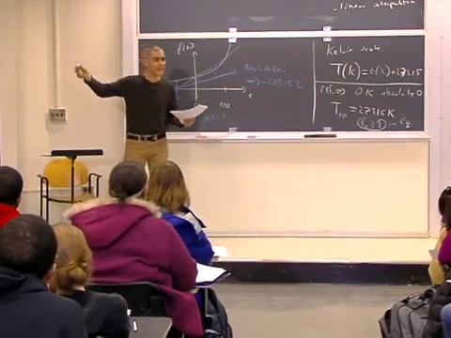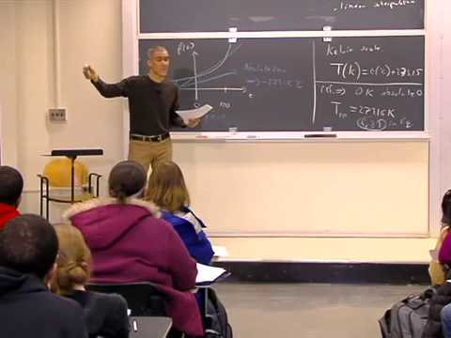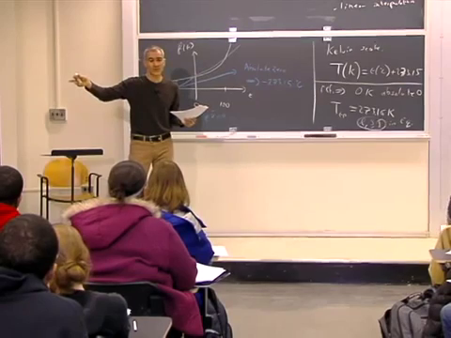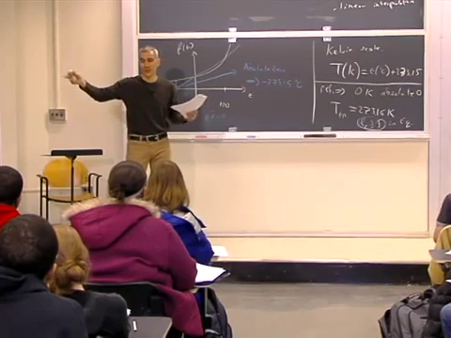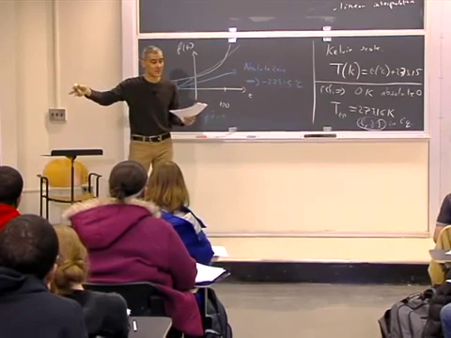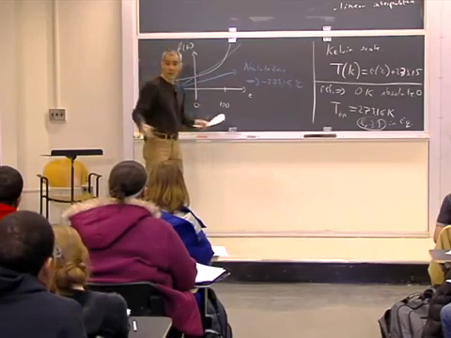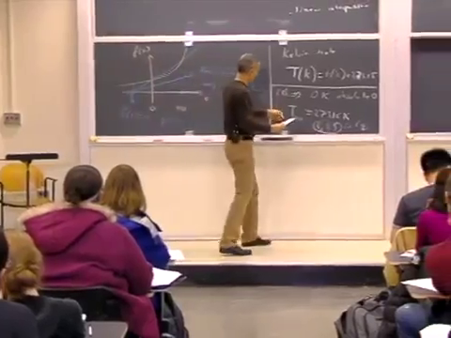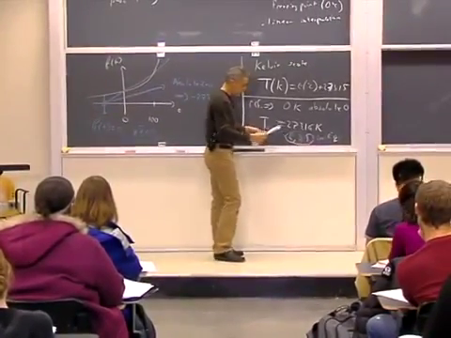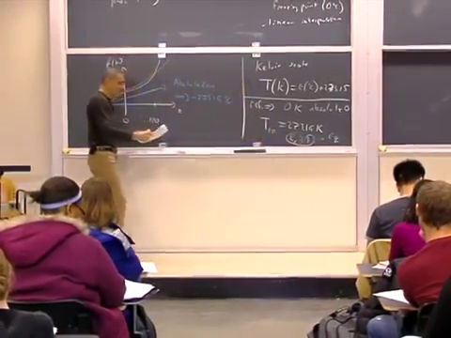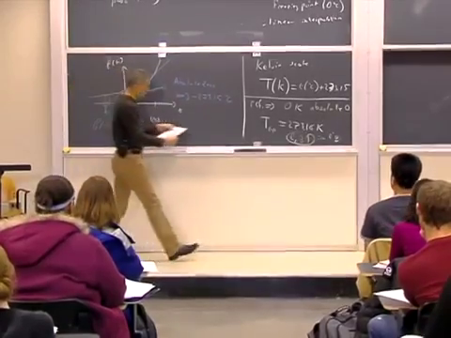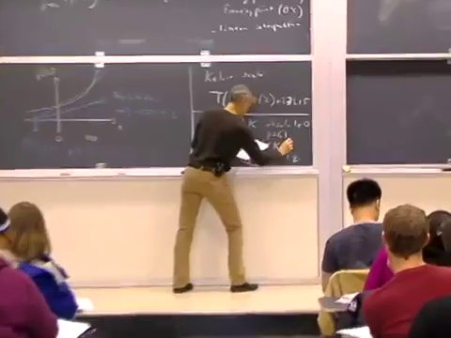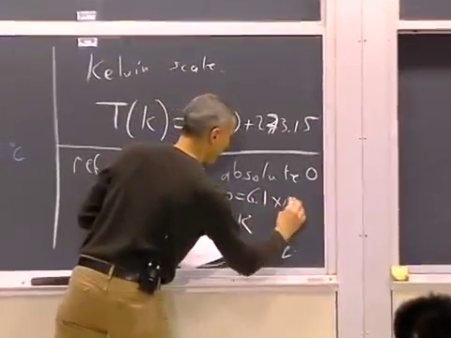Where am I going wrong here? The partial pressure of the gaseous water above that equilibrium of ice and water is not 1 bar. It's much less. Right? So the pressure at which you have this triple point happens to be 6.1 times 10 to the minus 3 bar.